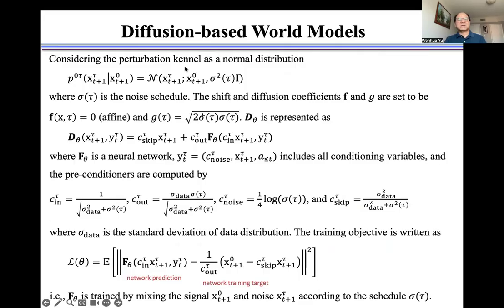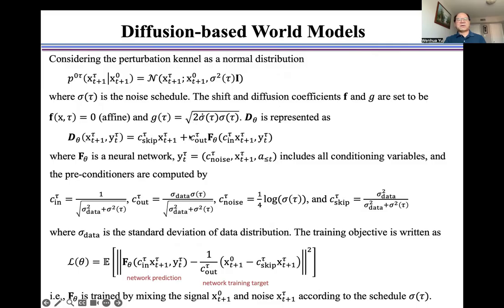Considering the perturbation kernel as a normal distribution as shown here, where sigma_tau is the noise schedule, the shift and diffusion coefficients f and g are set to 0 in this formulation.